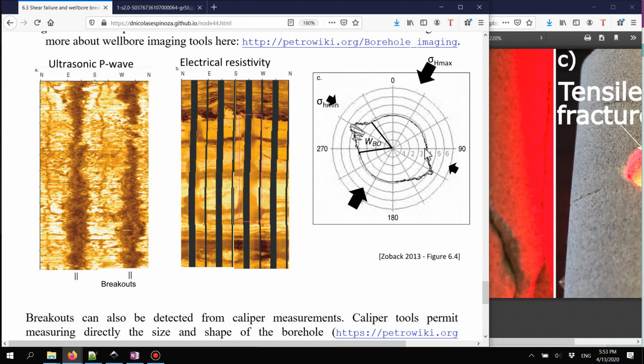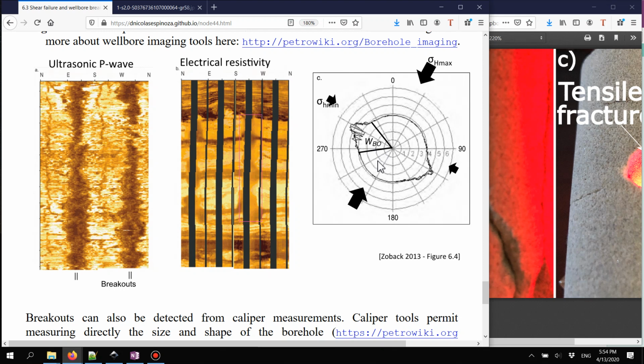So if we go 0, 90, here's the breakout. We continue, go to 270, which would be the west, and here the breakout appears again, which is that region. And by measuring where the rock has failed and the diameter of the wellbore increases, that's going to allow us to measure also from these images what is the wellbore breakout angle.